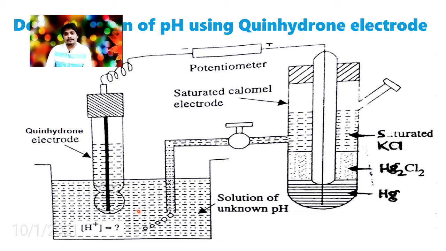Among the saturated calomel electrode and the quinhydron electrode, the saturated calomel electrode is acting as cathode and undergoing reduction, whereas the quinhydron electrode is acting as anode and undergoing oxidation. I'm going to show you that in the next slide.